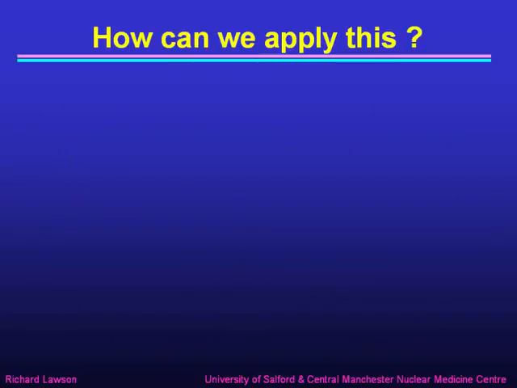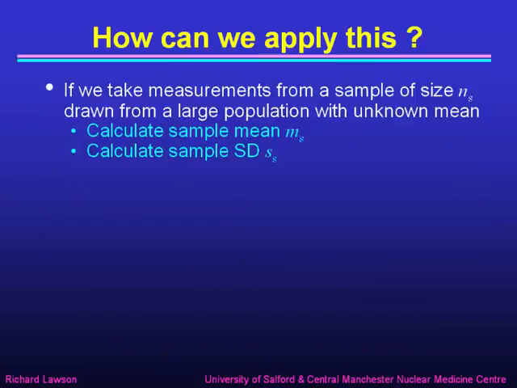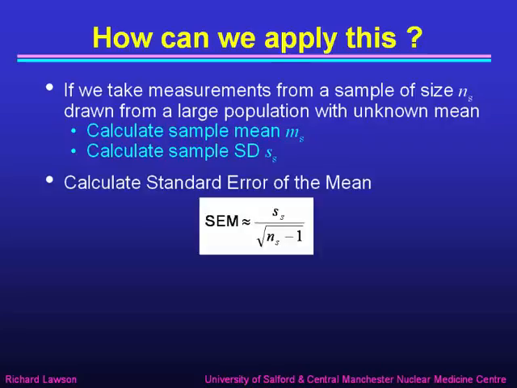So how can we apply that? Well, if we take measurements from a sample of size NS, drawn from a large population with an unknown mean, then we would calculate the sample mean MS and the sample standard deviation SS. From that we can calculate the standard error of the mean by dividing the sample standard deviation by root n minus 1.